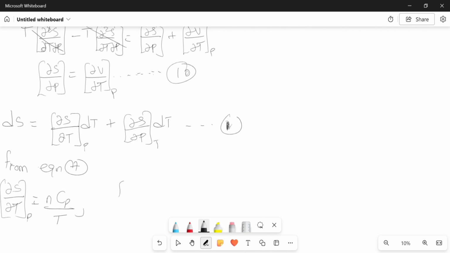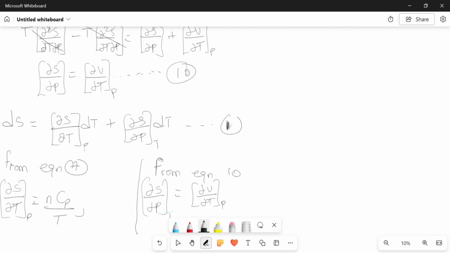And from equation 10, we got that ds over dp at constant temperature is equal to del V over del T at constant pressure.